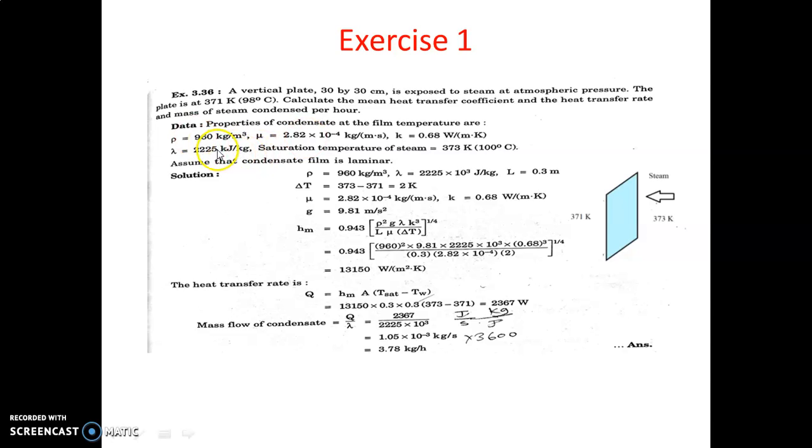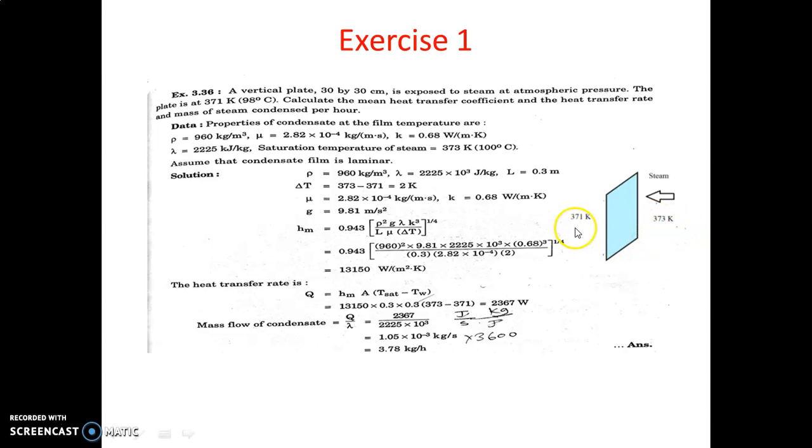So the properties are also given. So this is a vertical surface. So you have to just use this formula, Hm is equal to 0.943 into bracket rho square g lambda k cubed upon L mu delta T. Here delta T is nothing but the difference between this and this.